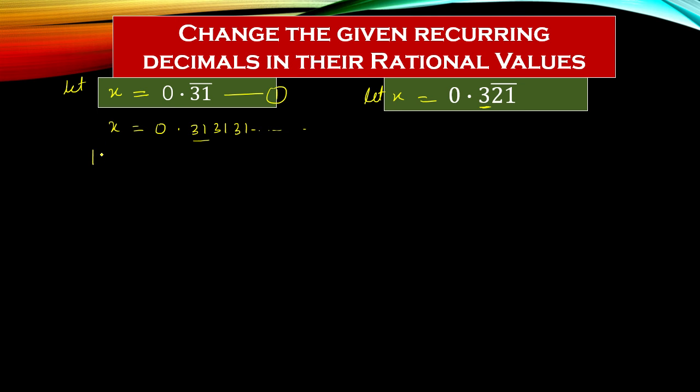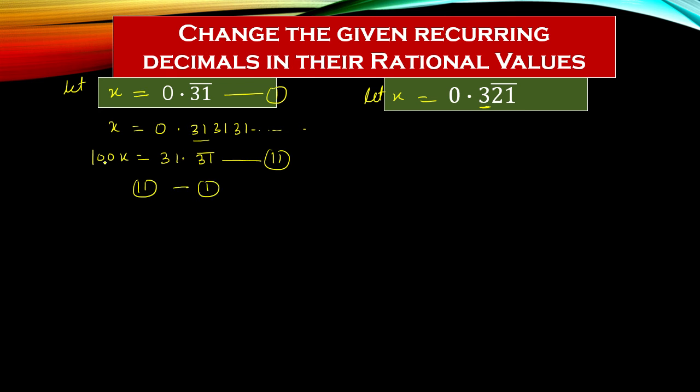So multiplying both sides by 100, 100x is equal to 31.313131, so we can say 31 bar again. Now if one set of digits under the bar is shifted towards the left side, that should be equation 2. Now subtract equation 1 from equation 2.